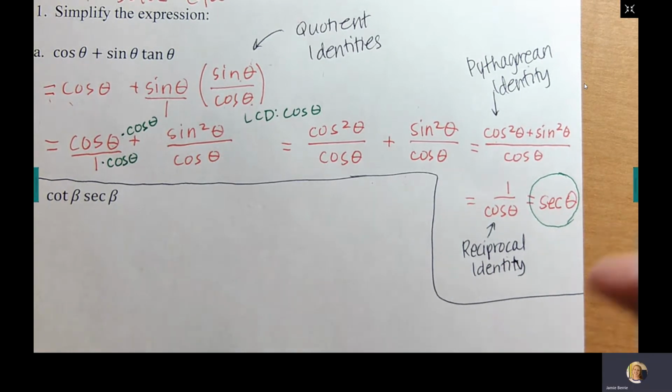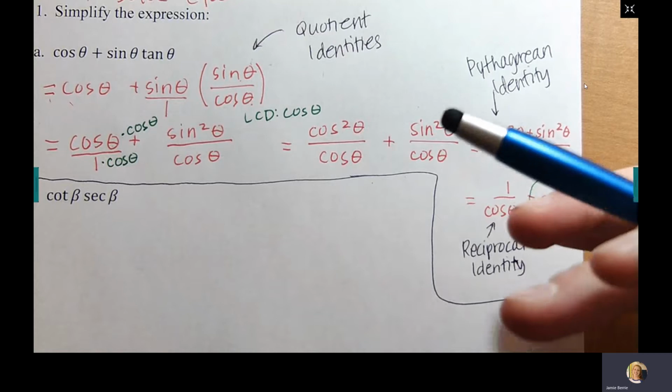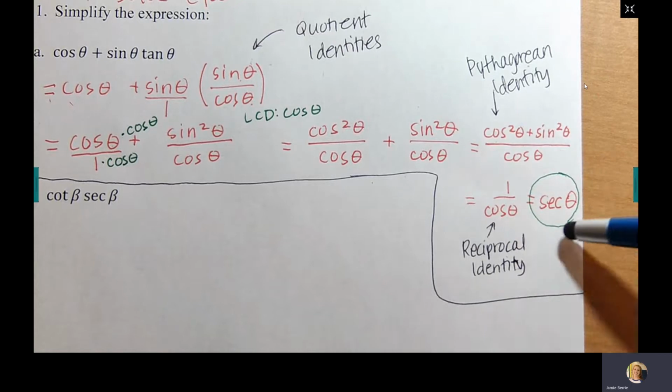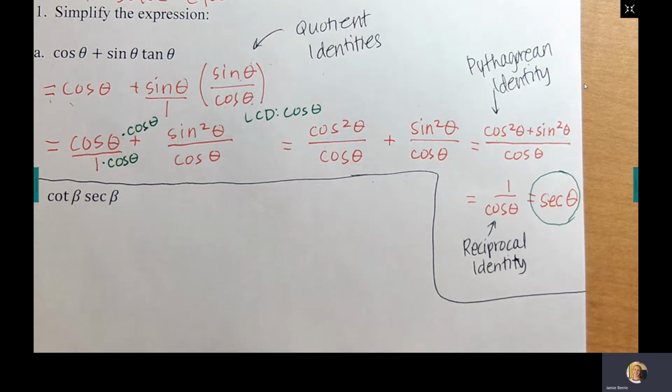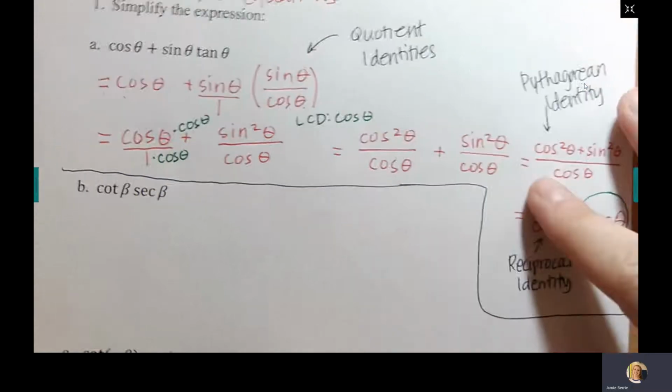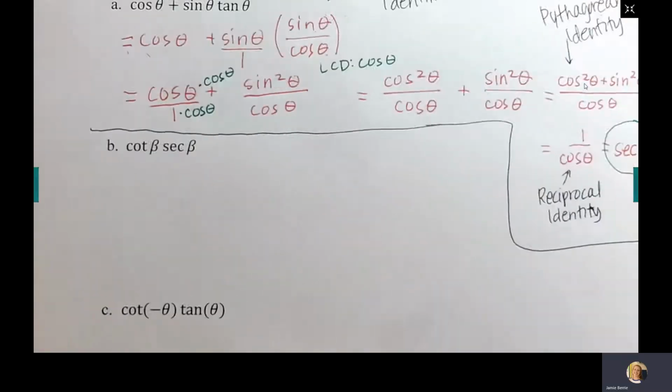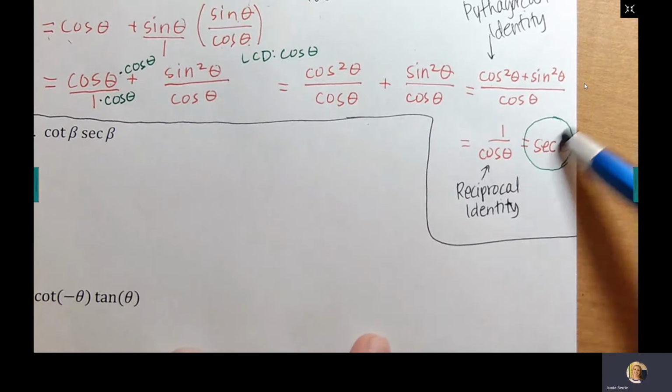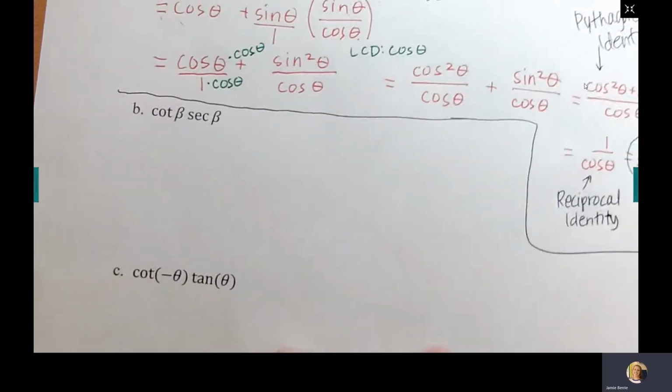So typically your end result in this section anyway would be something like this, like secant or maybe cosecant. You could have like 1 or -1. Sometimes you'll end up with those. And I want to say there may be a couple where you end up with something like sine squared x or sine squared theta. So that's about as complicated as your final result should be, a trig function squared.